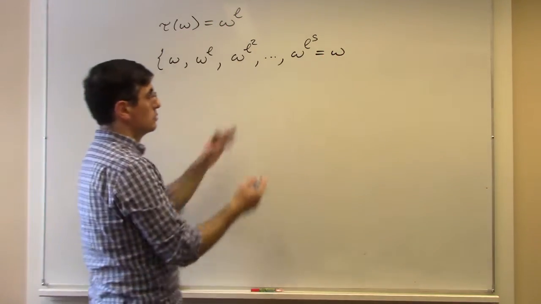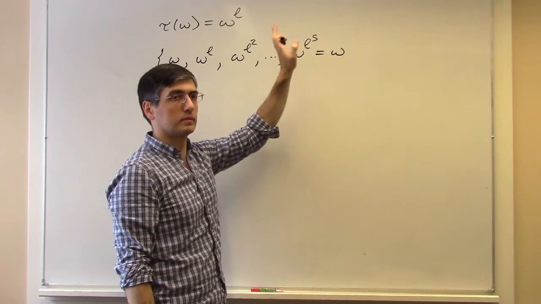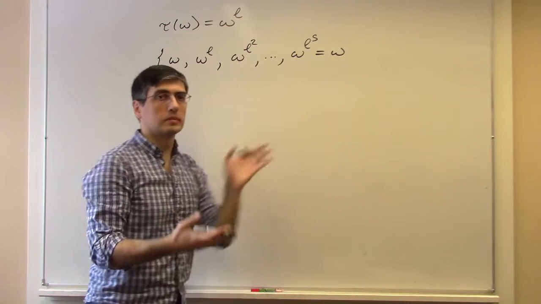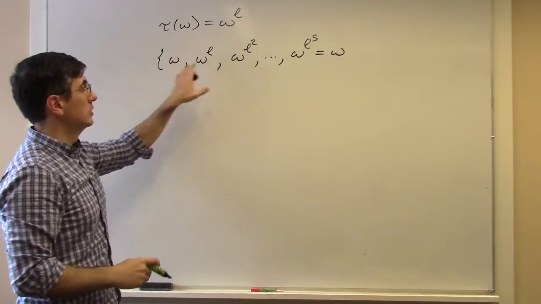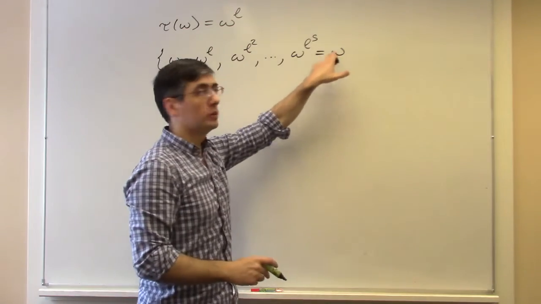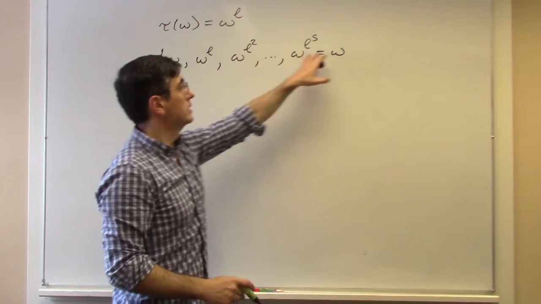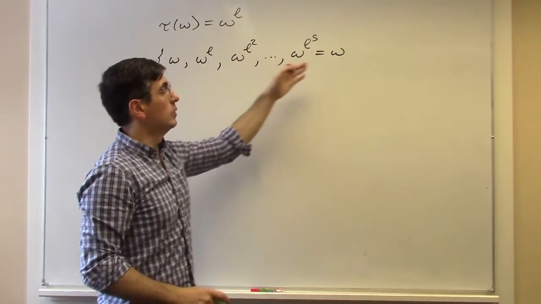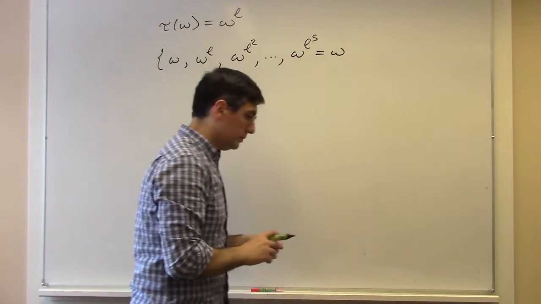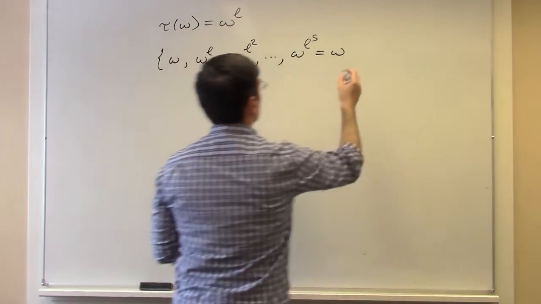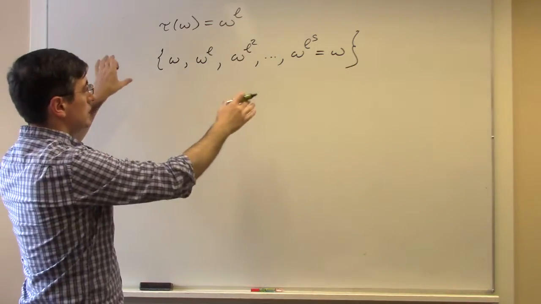So S is the smallest exponent for which this happens. I hope this is okay. You should think about why you get omega and not omega^(L^2) the first time, so why the repetition comes back to omega.